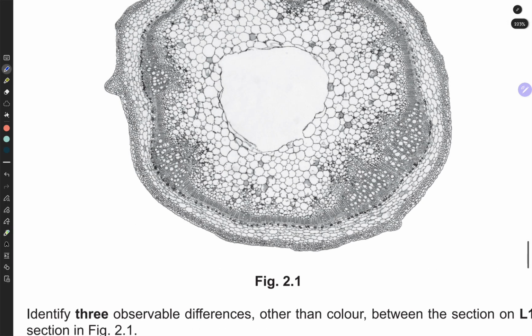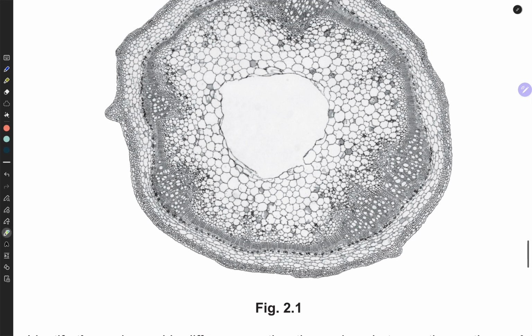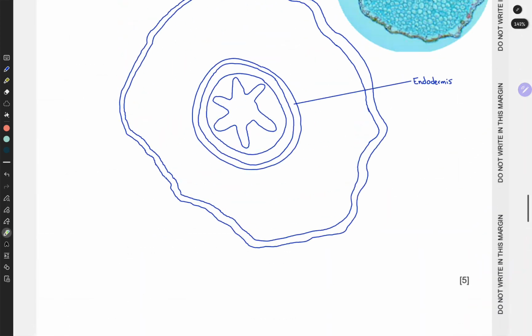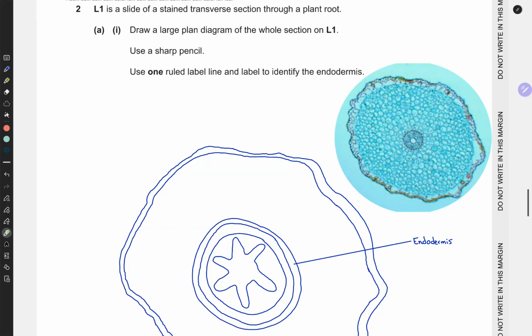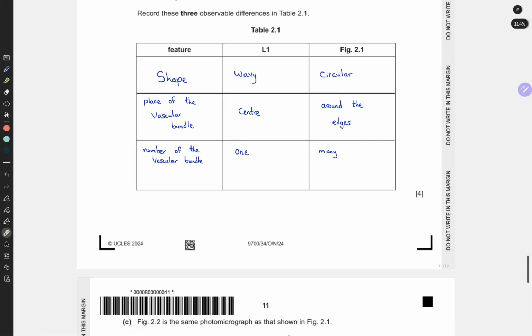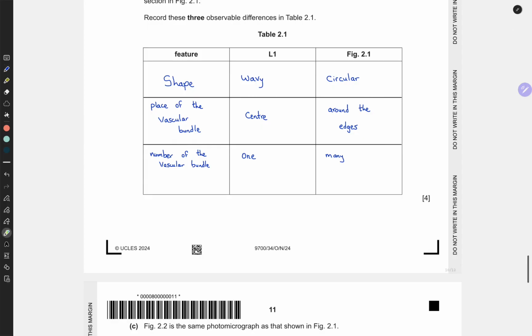Of course, if it's white like this part under the microscope, that means this part is filled with air. In this photomicrograph, there is no air in the middle. So you can also add this point.